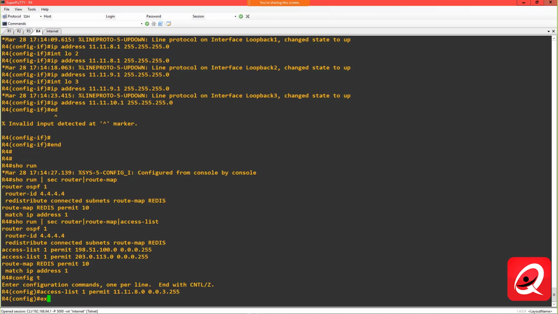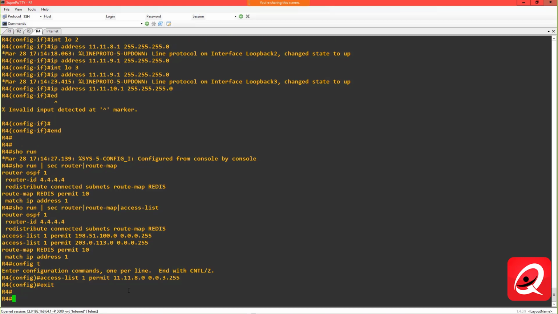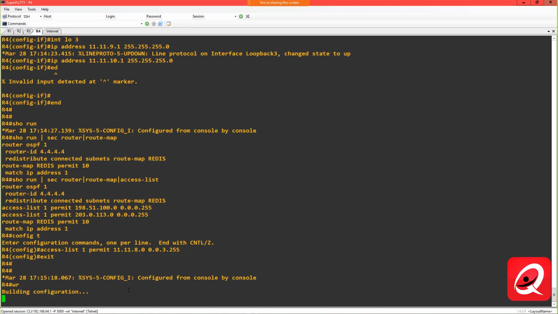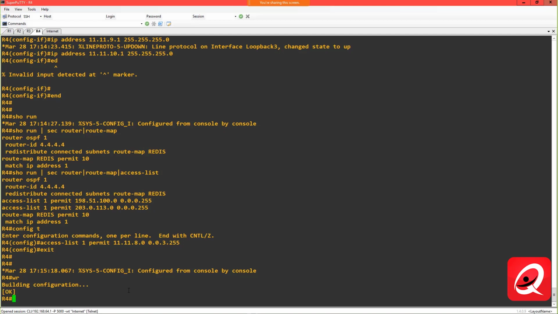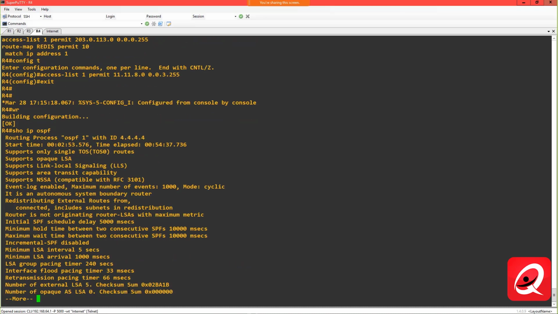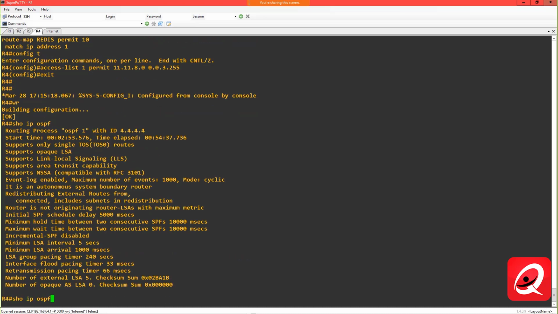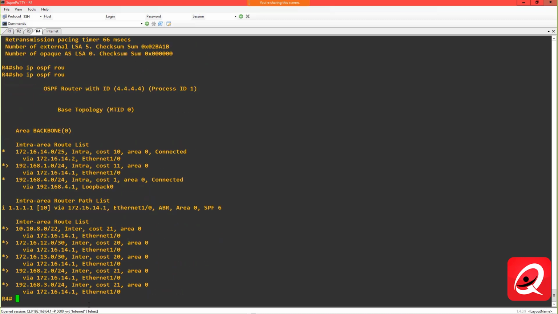Now, once I've applied this configuration, my first inclination is to make sure that the routes actually made it into OSPF. So I'm going to go ahead and take a look. There's a couple ways I can do it. I could do a show IP OSPF route, excuse me. And I should see those subnets in here.